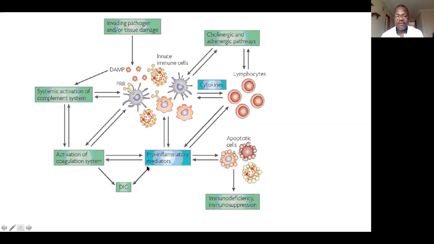You will also have the release of other pro-inflammatory mediators, and this will lead to apoptosis, that is programmed cell death, and the patient will then develop immunodeficiency or immunosuppression as a result of the infection, and will progress towards septic shock.